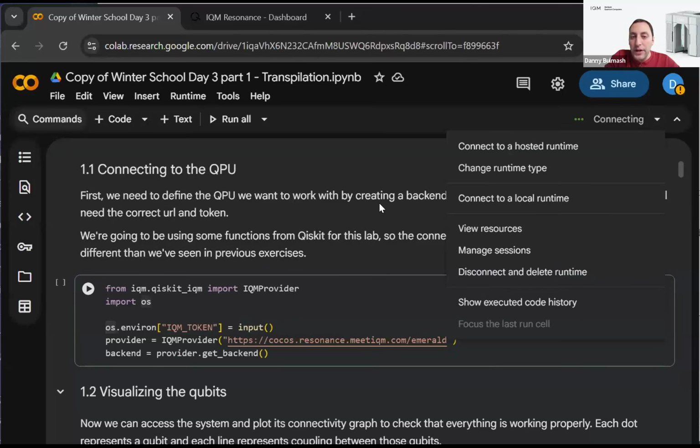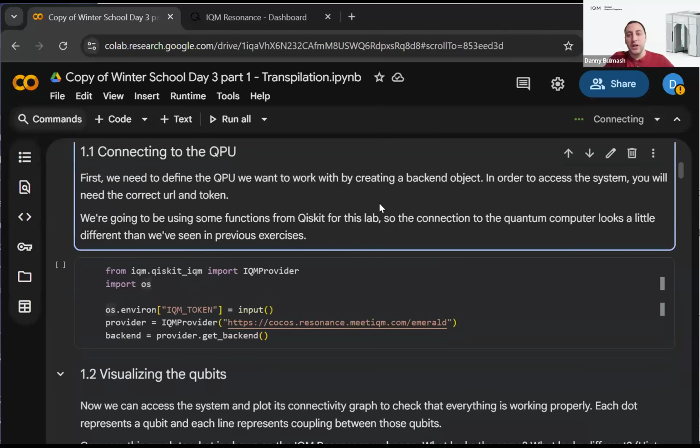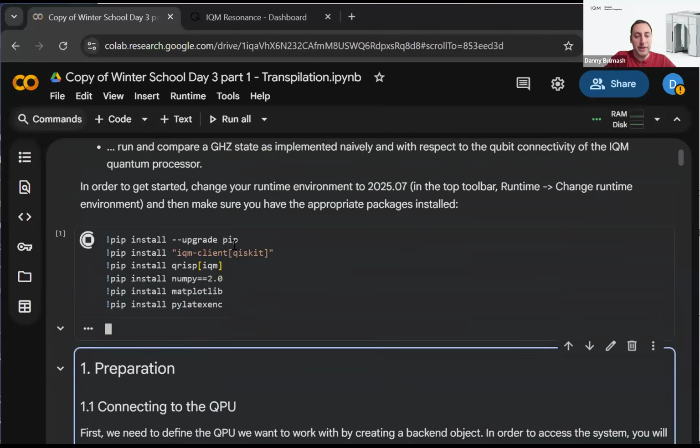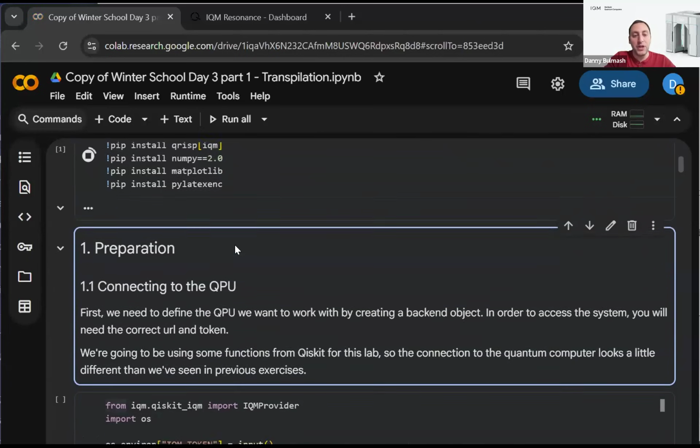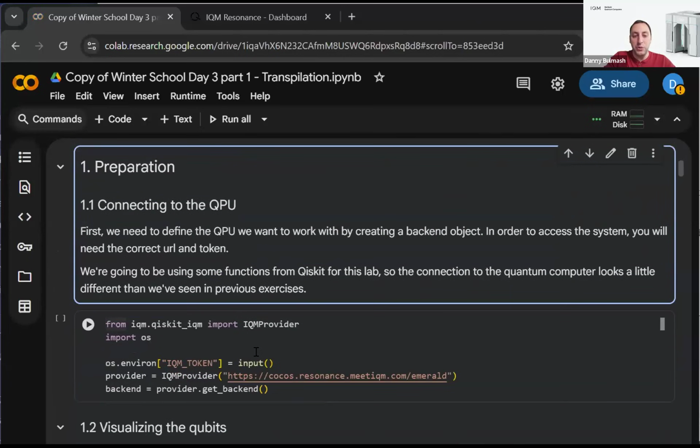All right, we are almost connected. Okay, we're now connected and my packages are going to start installing. The first thing we're going to have to do is connect to the QPU. Now, because we're talking very carefully about which qubits are talking to which qubits, this lab is actually not going to be very interesting on Sirius, because Sirius doesn't have routing constraints.